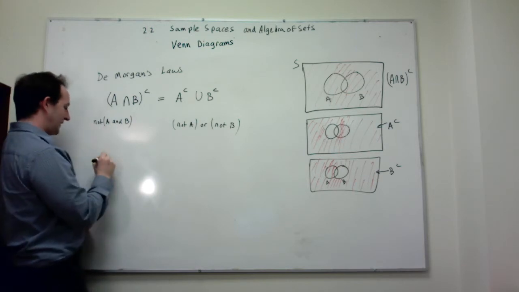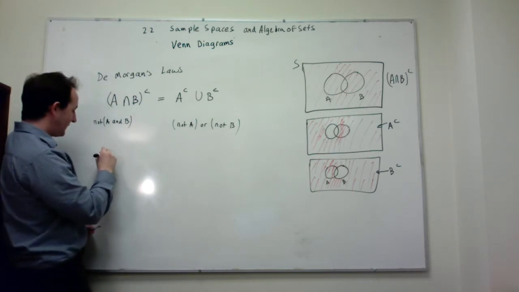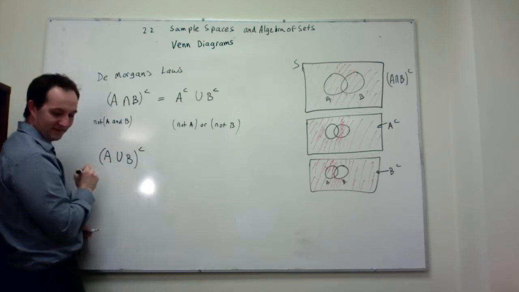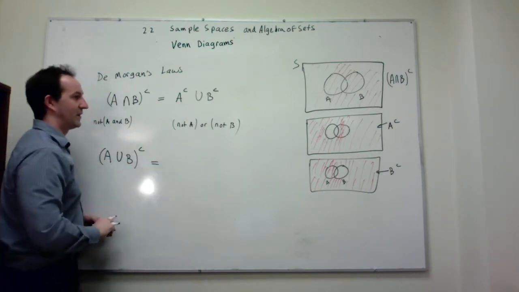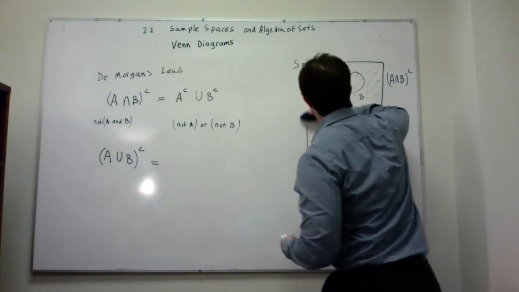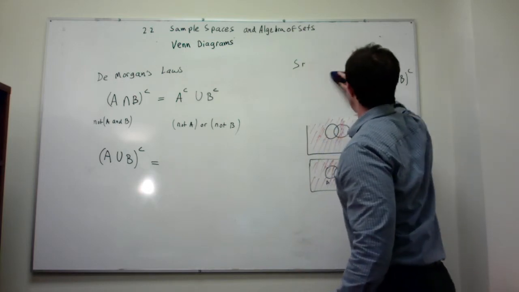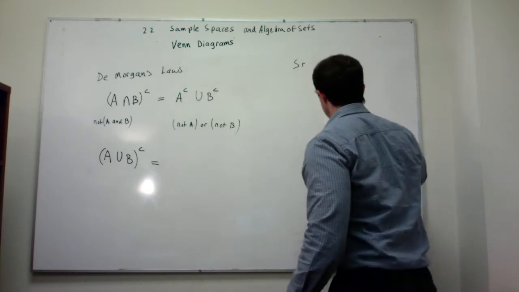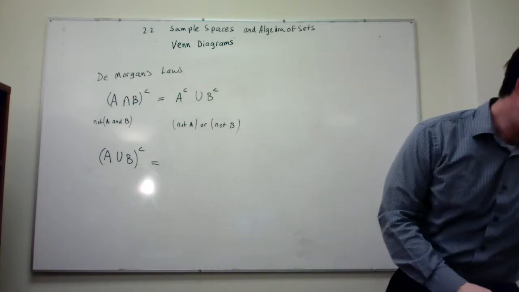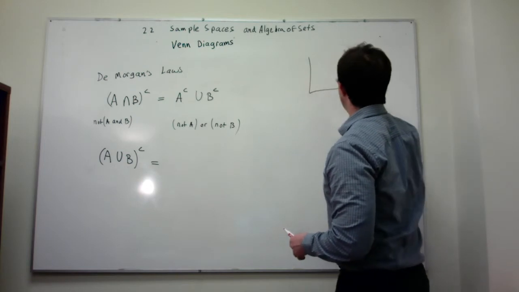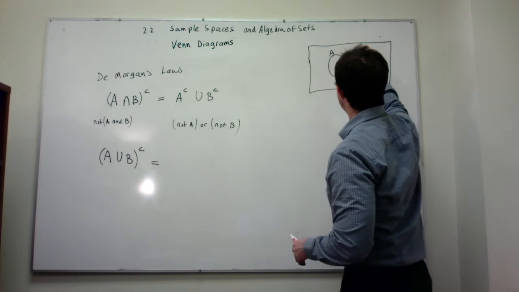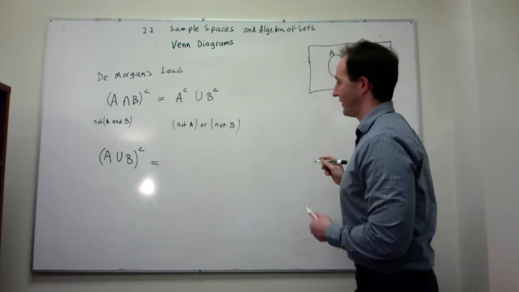The second of De Morgan's laws is this. If I say A union B complement, let me erase that and then show what the Venn diagram picture looks like. So I'll have A, B, it's my Venn diagram.